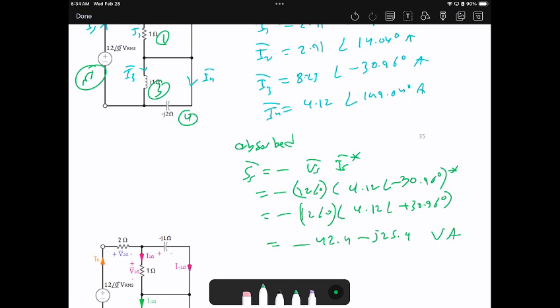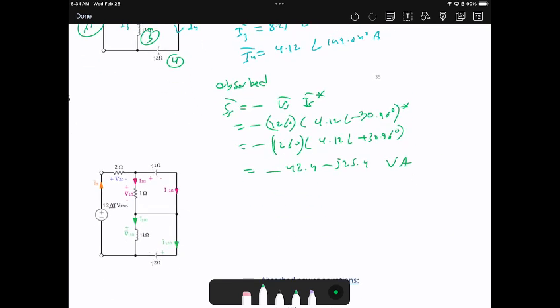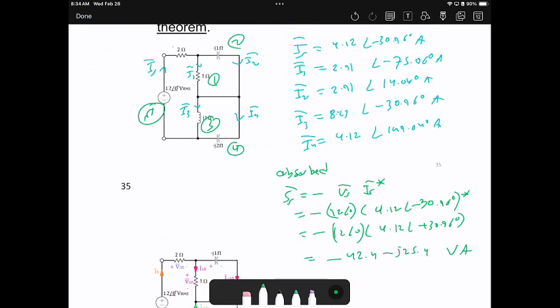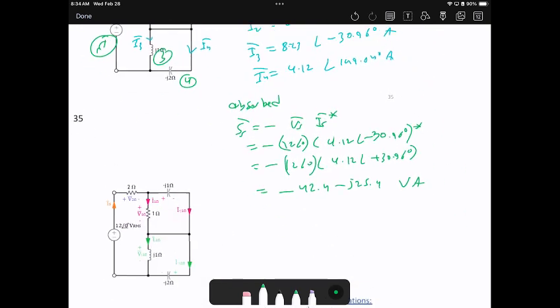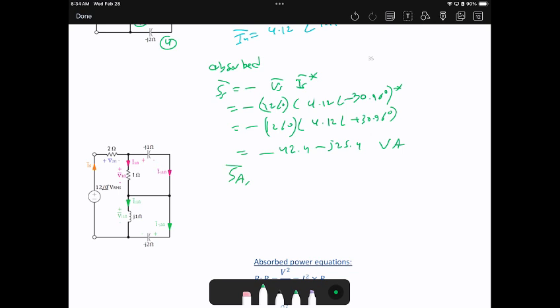How about the other elements? Let's start with an element here, I'm going to call it element A. So S of element A is I_S squared times ZA, which is 4.12 squared times 2. Then it's going to be 33.91 volt-amperes. Then we have element A, element 1, element 2, element 3, element 4.